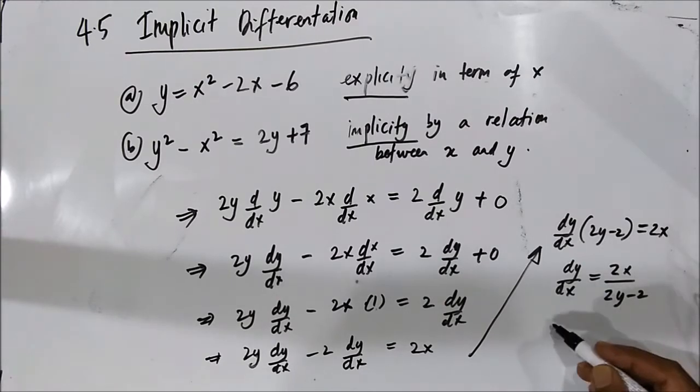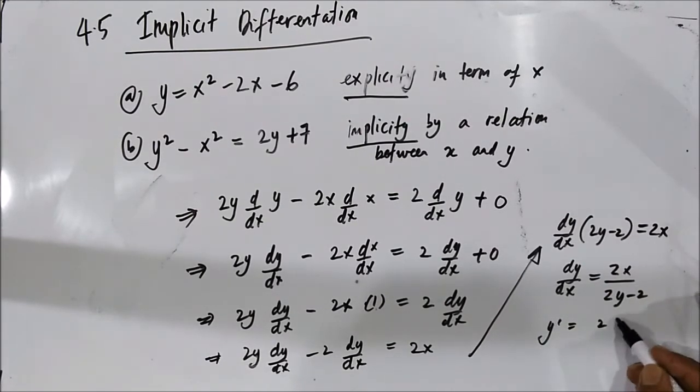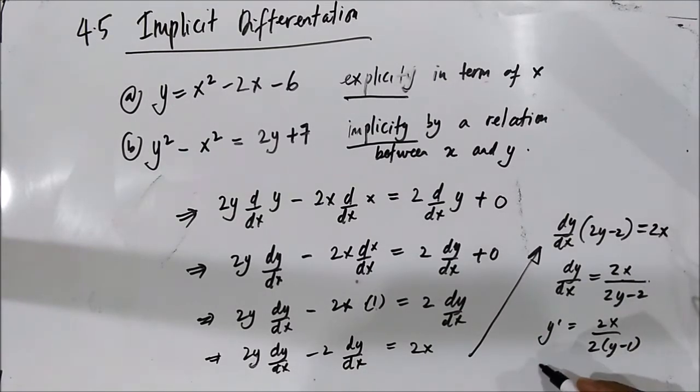So y prime equals 2x over 2y minus 2. You simplify this and then y prime equals x over y minus 1. This is how we solve the implicit differentiation.